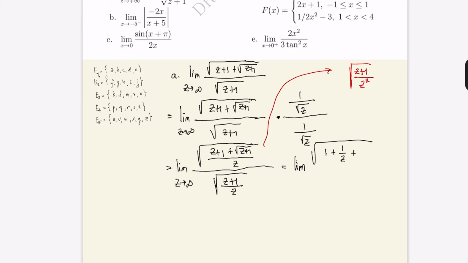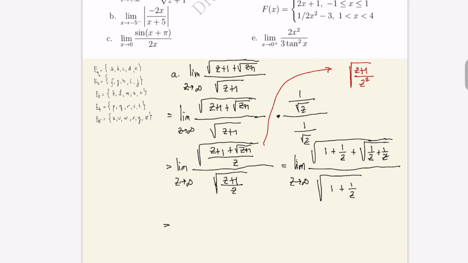So that makes this square root of 1 over z plus 1 over z squared. All over, this one is square root of 1 plus 1 over z as z approaches infinity. So what happened? Can the limit now go inside? That's the limit of a quotient equals the quotient of the limits.